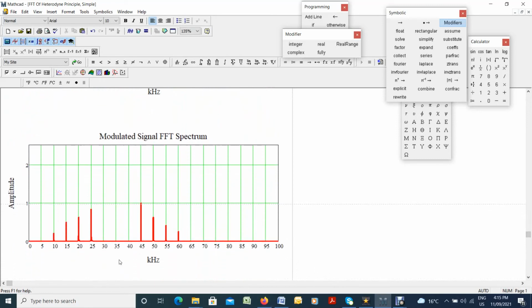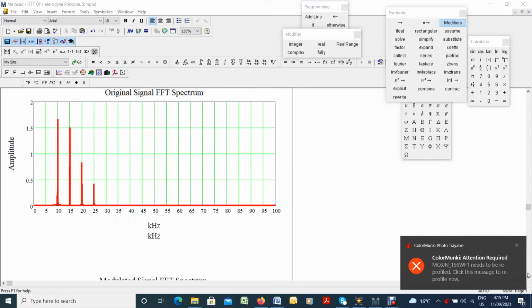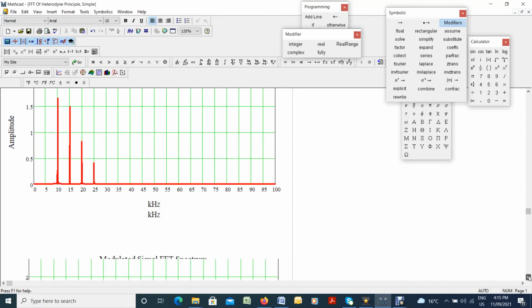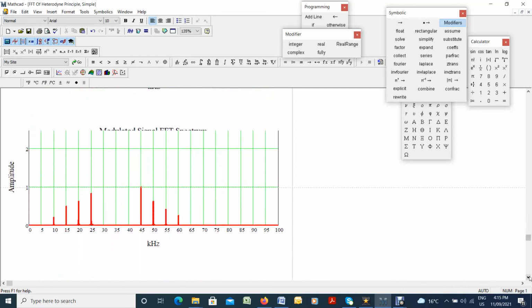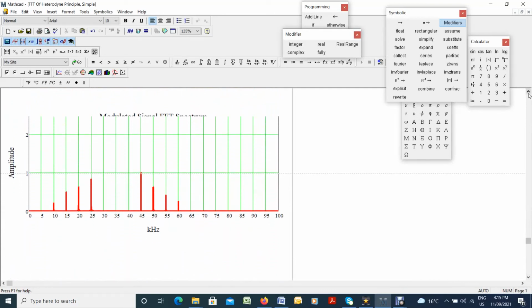The local oscillator frequency, also known as the carrier frequency, is at 35, and we have a mirror image set of difference frequencies, and the sum frequencies are more or less still a frequency translated representation of the original spectrum. So in this case, the difference frequency spectrum is completely mirrored.